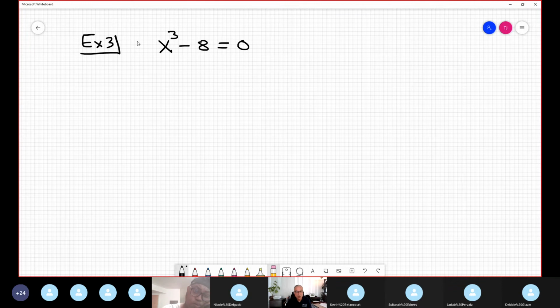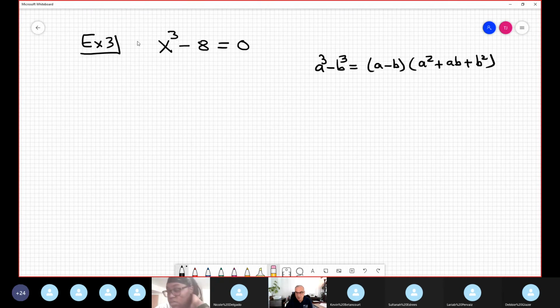Degree 3, 3 solutions. This looks like a difference of cubes. Let me recall the formula for the factorization of a difference of cubes: a minus b times a squared plus ab plus b squared. The cube root of x cubed is just x, similar to our a in the formula.